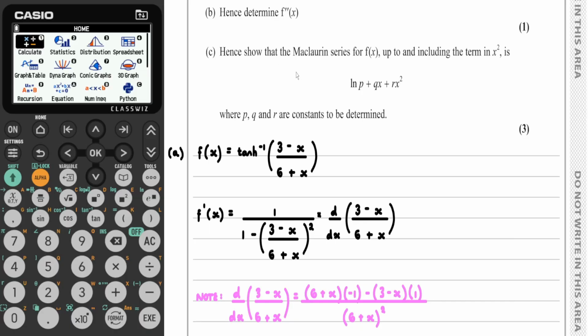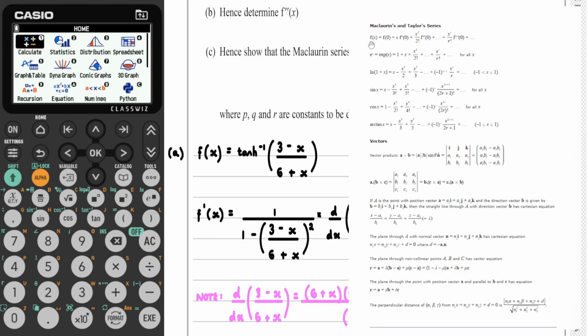Part C. Hence show that the Maclaurin series for f of x up to and including the term in x squared is natural log p plus qx plus rx squared, where p, q and r are constants to be determined.